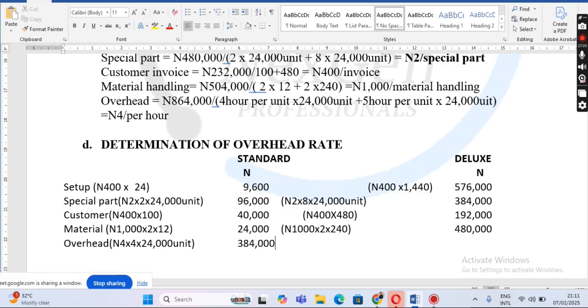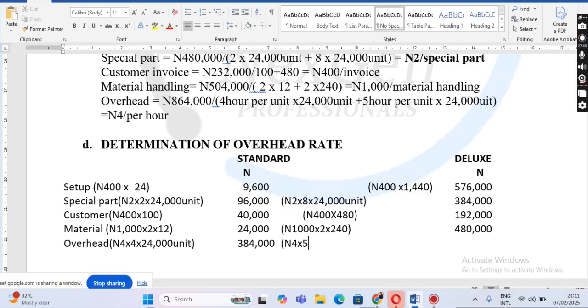384,000. Thank you. Yes. So the next one is, it is still the same 4 naira, right? 4 naira times, you can see that if it takes you 5 hours per unit to produce 1 unit, what will be the total numbers of hours that you will use to produce 24,000 units? Which means you multiply 5 hours per unit times 24,000 units.